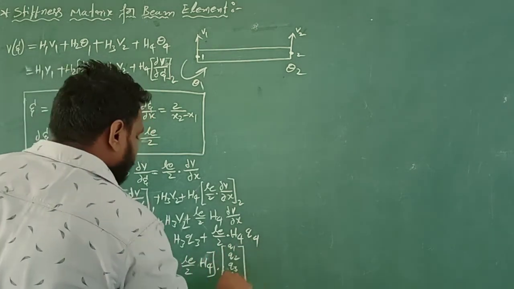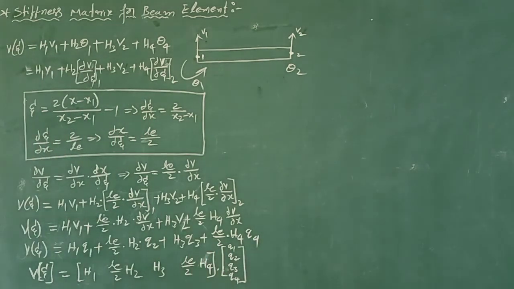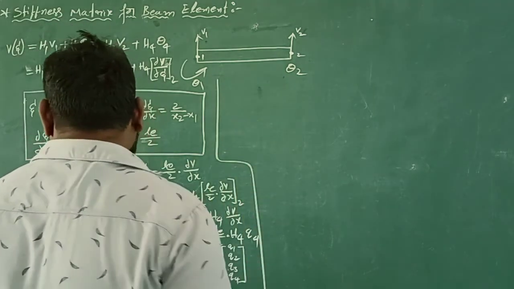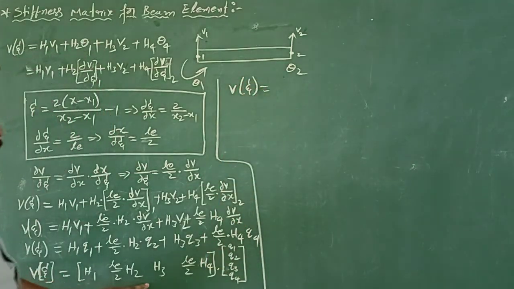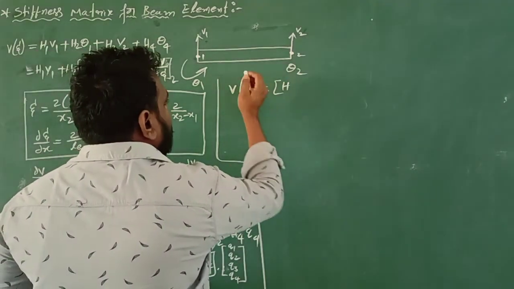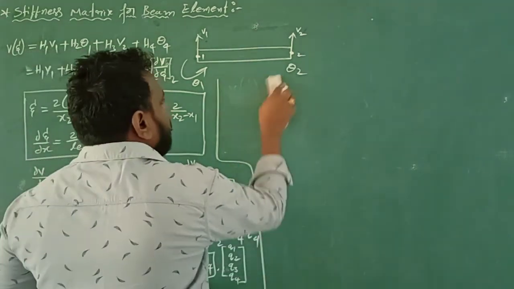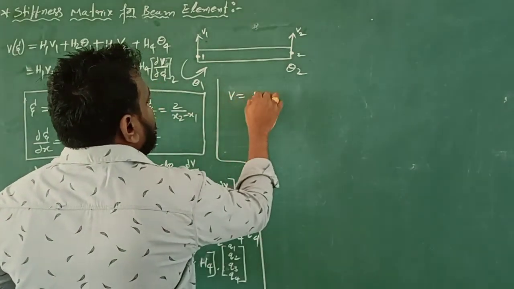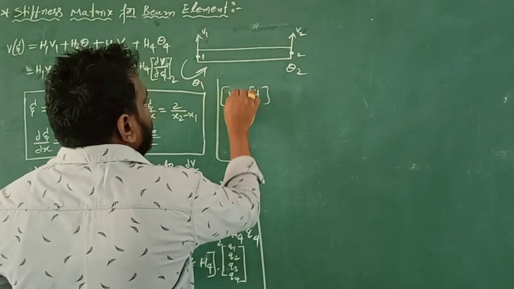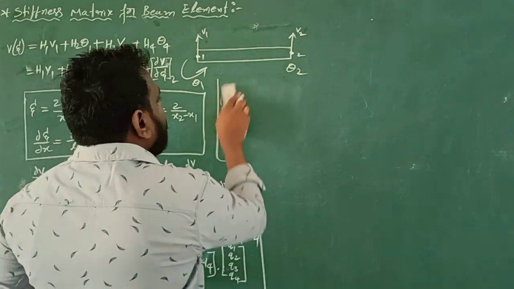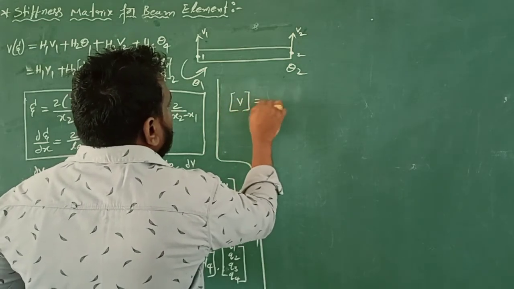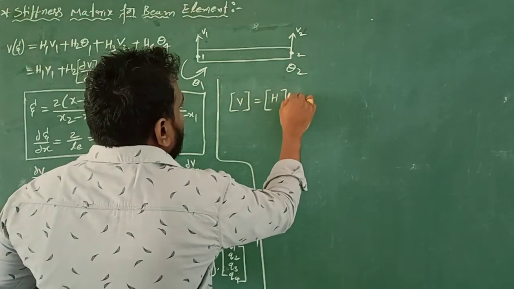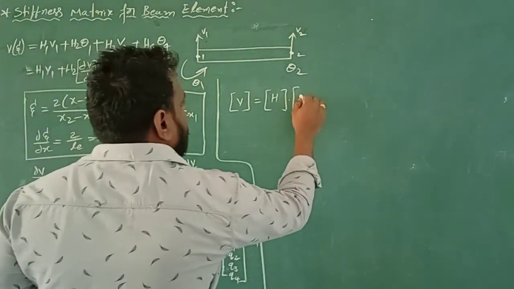Okay, this equation v of j is equal to h into q, just like H into Q matrix.